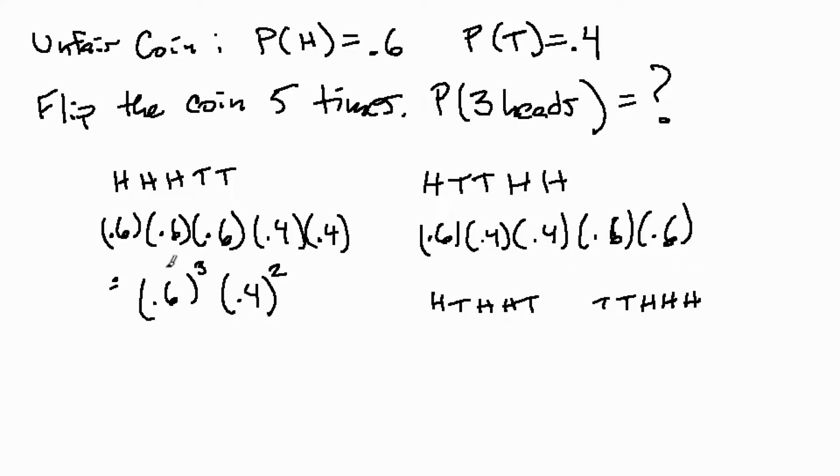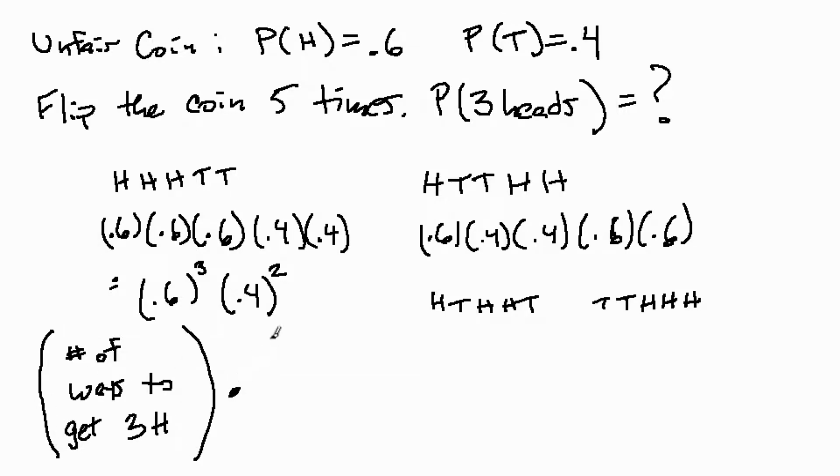So what I have to do is consider the number of ways, and I have to multiply that by 0.6 to the third times 0.4 squared. Because remember, the probability of 3 heads is going to be this for this one, plus this quantity again for this one, plus this quantity again for that one.